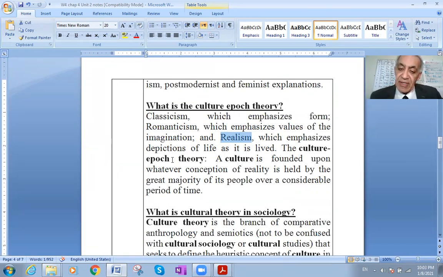In the culture epoch theory, a culture is founded upon whatever conceptions of reality are held by the great majority of the people over a considerable period of time, over a long time.